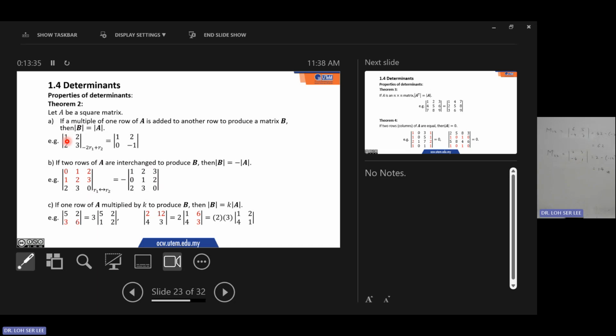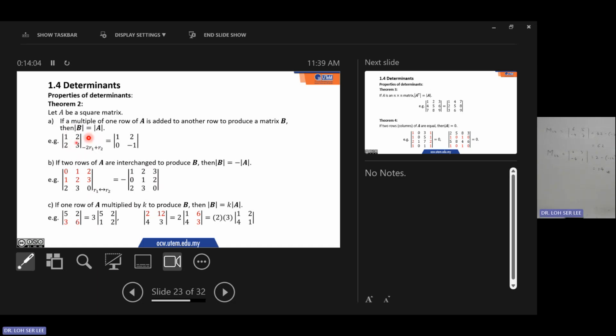So this one times negative 2, we get negative 2, and then plus row 2: negative 2 plus 2, you get 0. And the first row, 2 times negative 2 you get negative 4, negative 4 plus 3, you get negative 1.